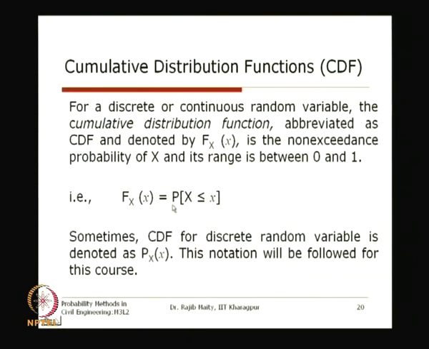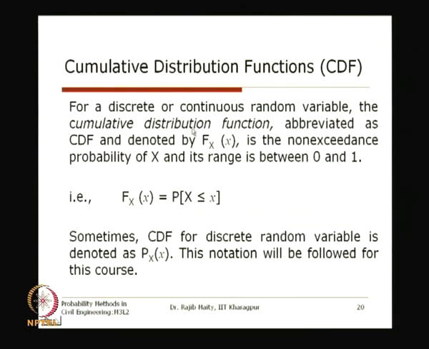The total probability up to that point is the cumulative distribution function. Sometimes the CDF for a discrete random variable is denoted as P of x, with an uppercase P, whereas for the probability mass function we use a lowercase p. This notation will be followed for this course as well.